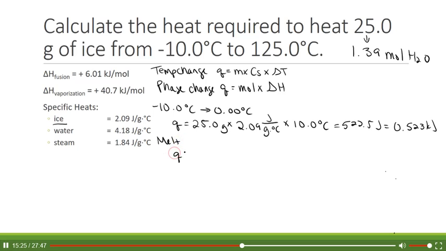So our Q will be equal to our moles, 1.39 moles, times our heat of fusion, 6.01 kilojoules per mole. And multiply that out, we get a value of 8.35 kilojoules.